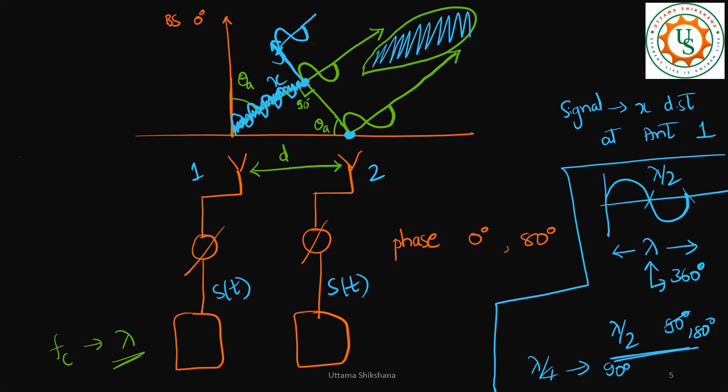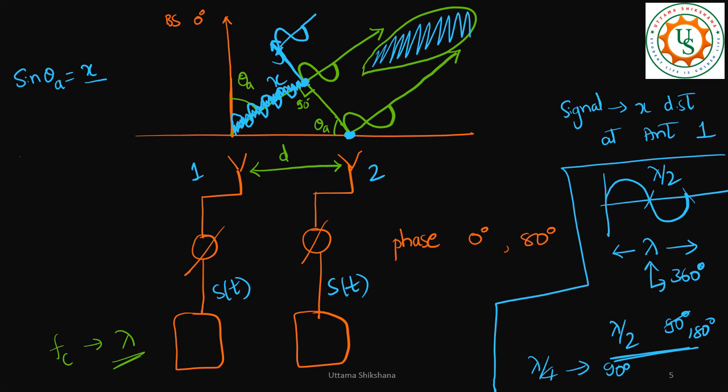As I was mentioning, we can represent this distance with respect to phase. Let us try to derive that. We need to calculate x. So what is sine theta a?